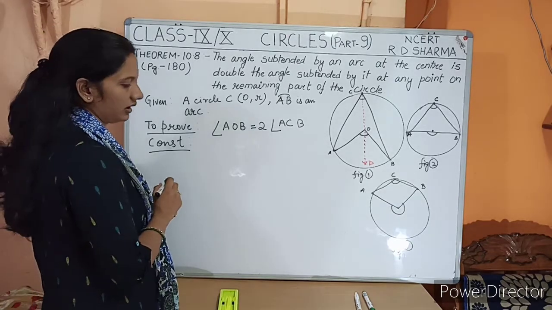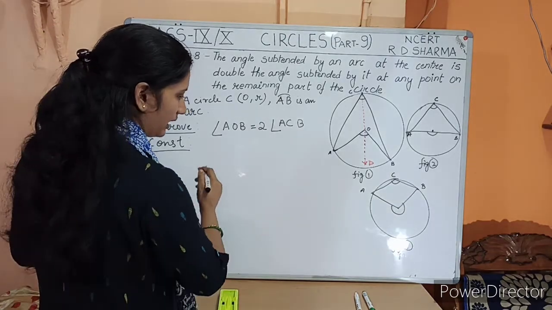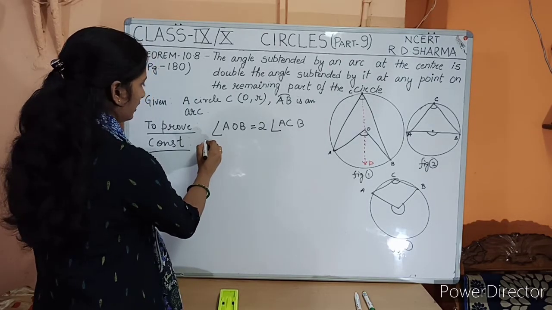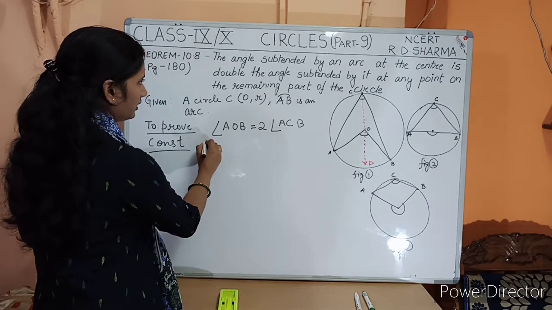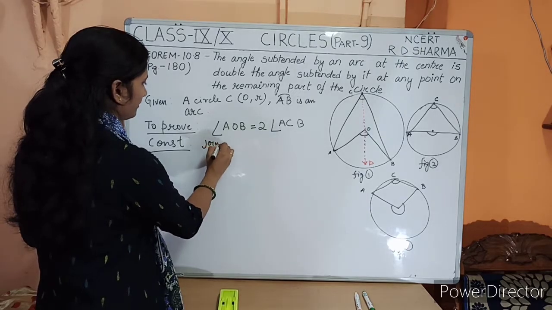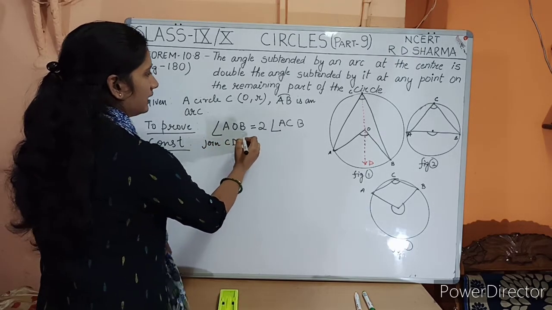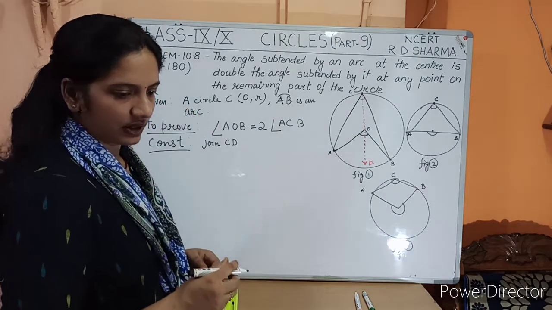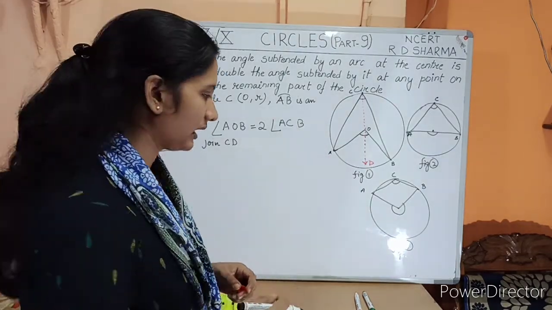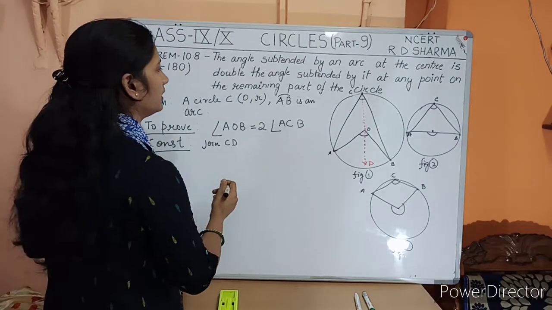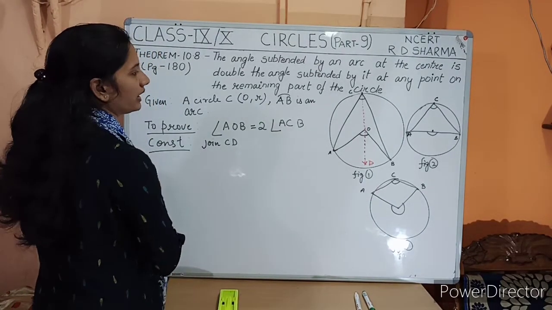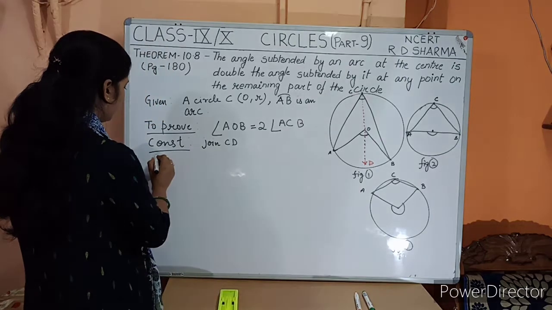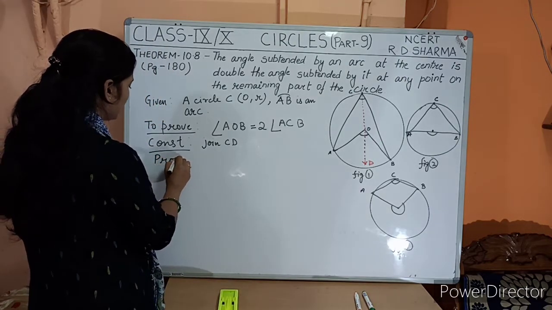So here we will write in the construction part: join CD. After joining the line CD, now in the proof part, let's see.